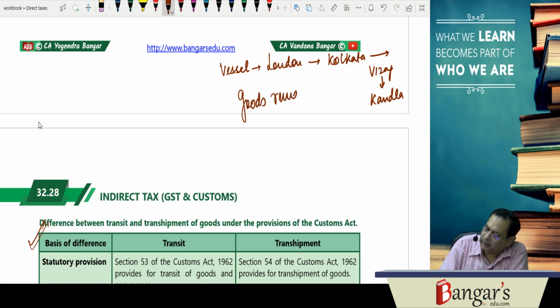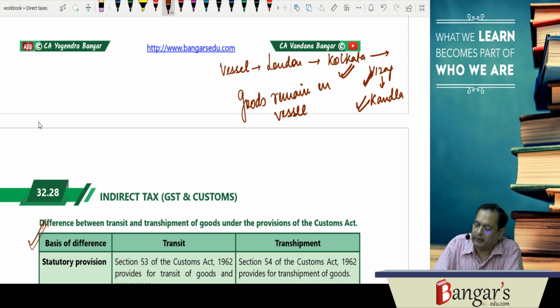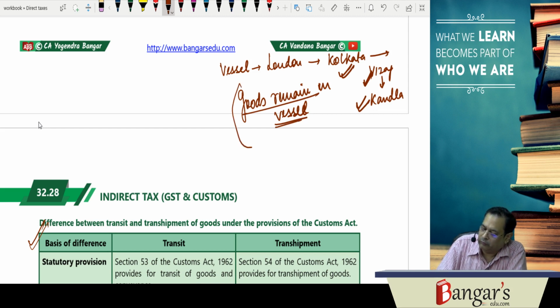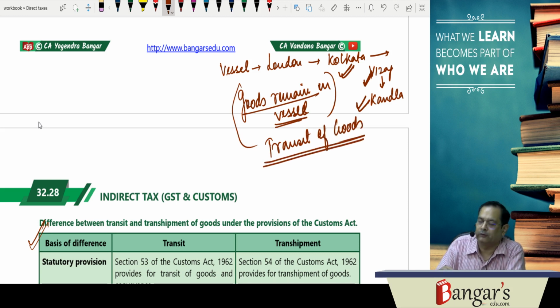Goods remain in the vessel to be cleared at Kolkata, to be cleared at Visakhapatnam port, or to be cleared at Kandla port. Then it is known as what? It is known as transit of goods.